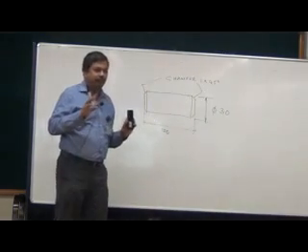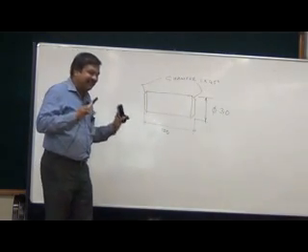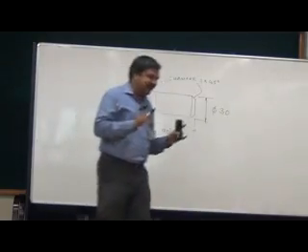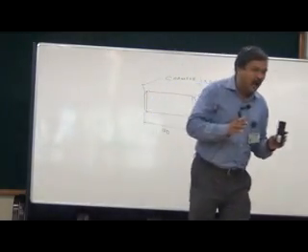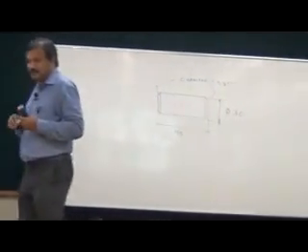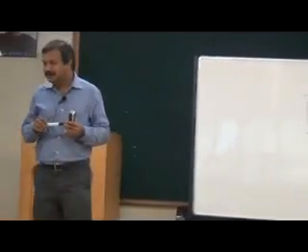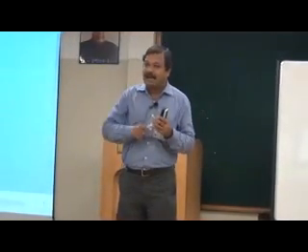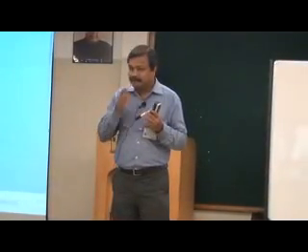The reasons are twofold. The first reason is, as far as an engineer is concerned, there is nothing called 30 mm diameter. It may sound very shocking.